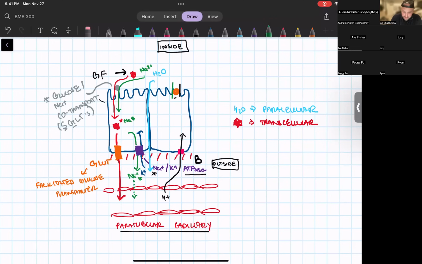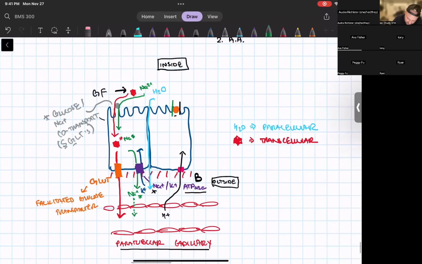So then it can possibly enter the blood or it can just stay in the extracellular space. Now, amino acids are going to use the same thing. If we had an amino acid here, they need some sort of facilitator too. So we're going to have a channel, specifically an amino acid sodium cotransporter. If an amino acid needs to be let in, we'll also bring in a sodium.